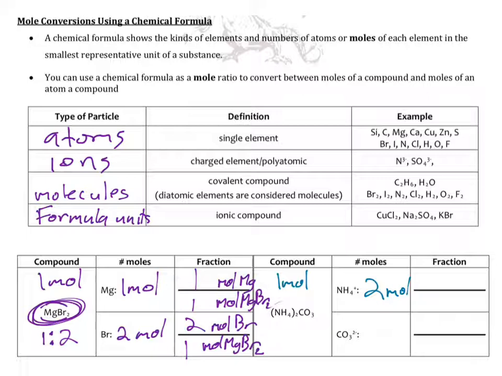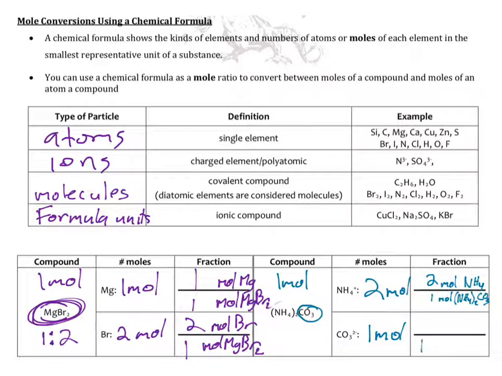Again, if we had 1 mole of that, we would have 1 mole of CO3, because there's 1 CO3 right there. So 1 mole of (NH4)2CO3 would be 2 moles of NH4.